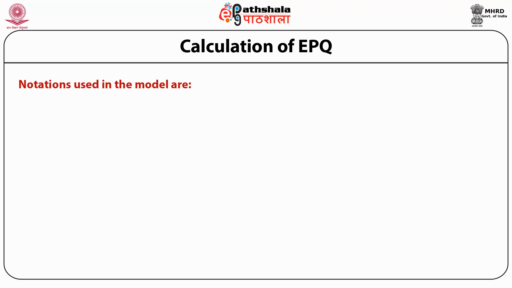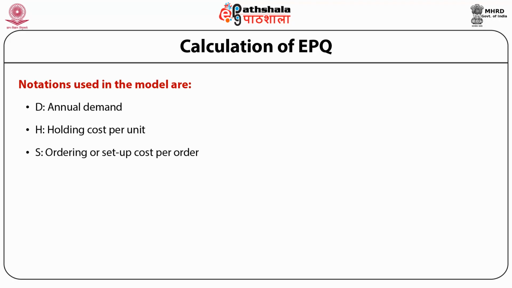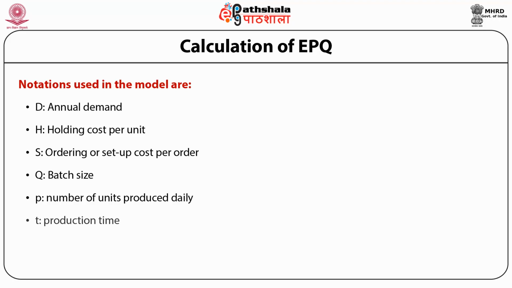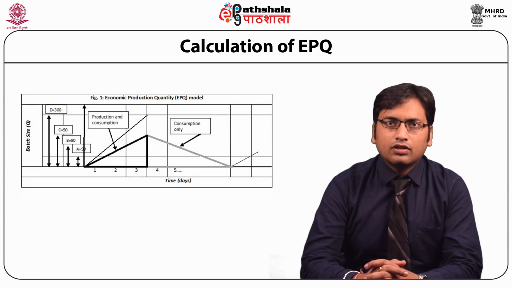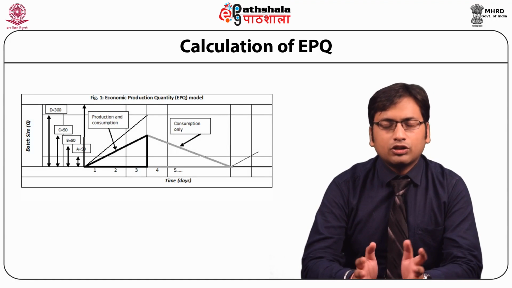Notations used in the model are: D, annual demand; H, holding cost per unit; S, ordering or setup cost per order; Q, batch size; P, number of units produced daily; T, production time; d, daily demand. Understanding the figure would help in understanding the calculation of EPQ.